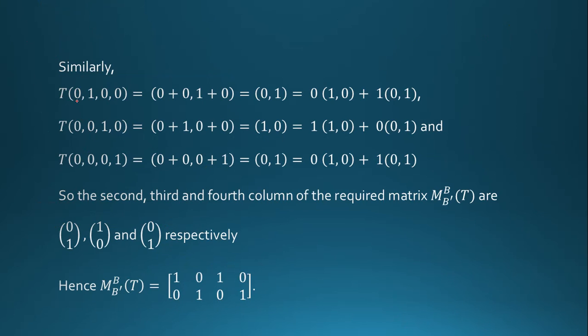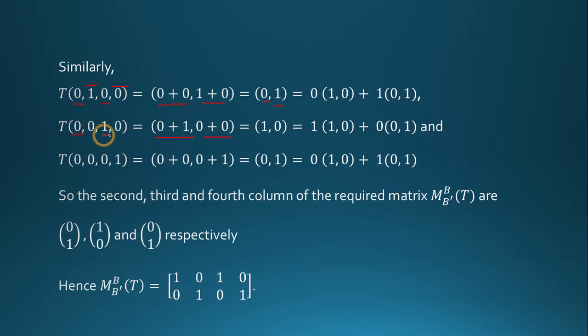Similarly (0, 1, 0, 0) is equal to addition of first and third is equal to 0, and addition of second and fourth 1 plus 0 is equal to 1, which is 0 into (1, 0) plus 1 into (0, 1). Third, T of (0, 0, 1, 0) is equal to 0 plus 1 and 0 plus 0.